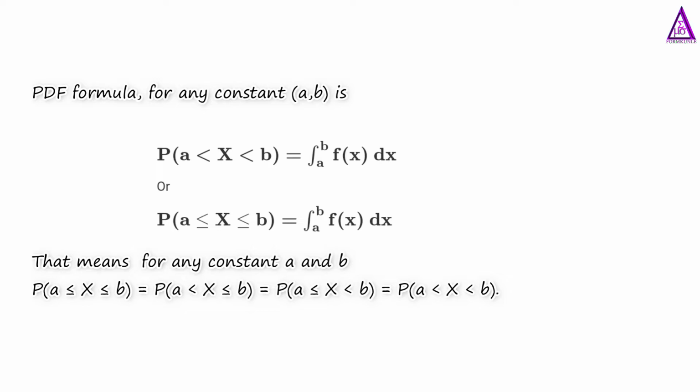That means for any constants a and b, P(a ≤ x ≤ b) is equal to P(a < x ≤ b), equal to P(a ≤ x < b), equal to P(a < x < b).